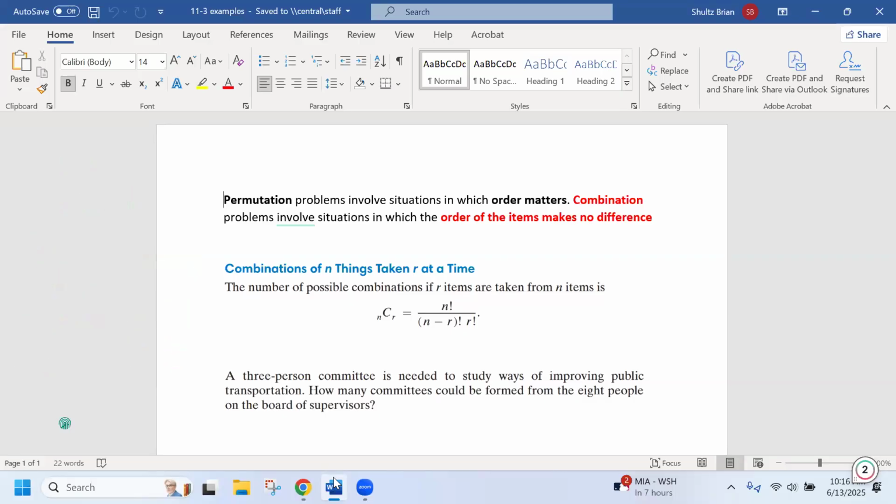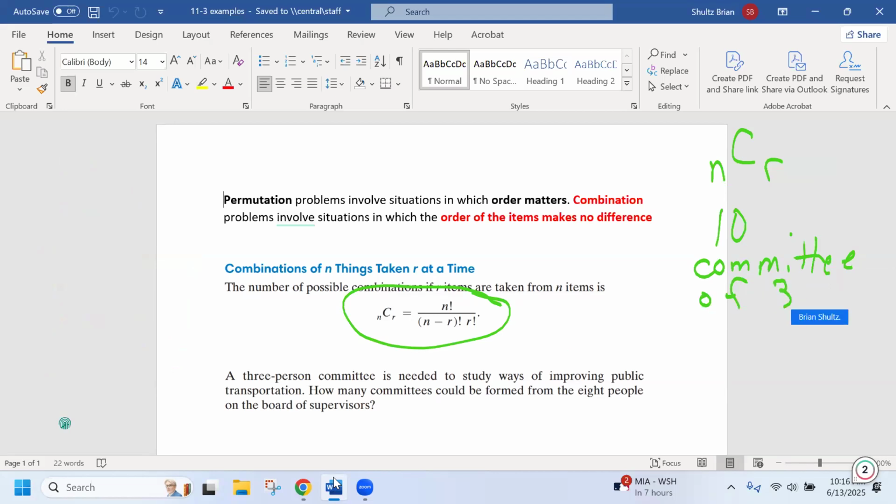In combinations, written in a similar way, NCR, that's that formula right there again. And on our calculator, it actually says NCR. But with combinations, the order of items doesn't make any difference. So if I have these 10 people and I'm going to make a committee of 3, whereas in the permutations I was making a president, vice president, and secretary, in a combination I have a committee of 3.